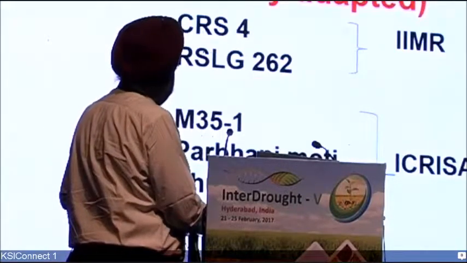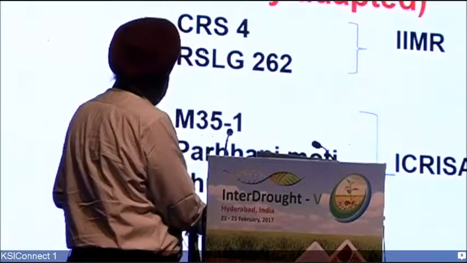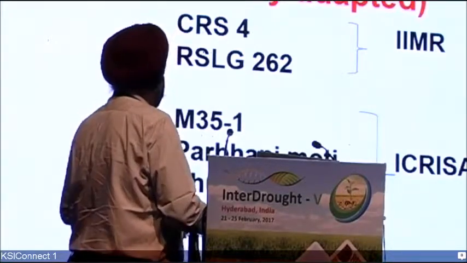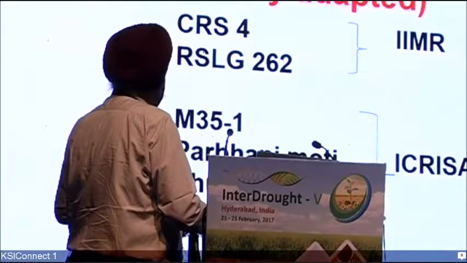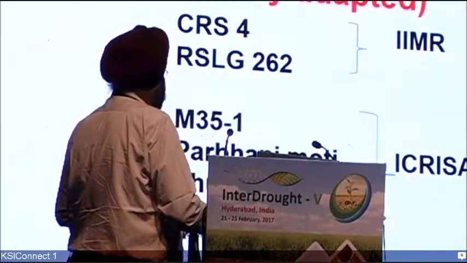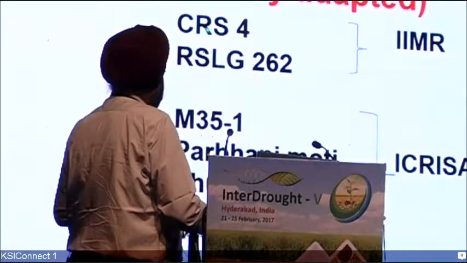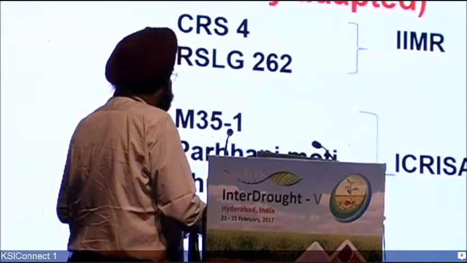Then we thought, let's try this in post-rainy adapted lines. There are 6 lines: 2 lines we did at our institute, and 4 at ICRISAT. I'm just showing the phenotypic results of these 2 lines.